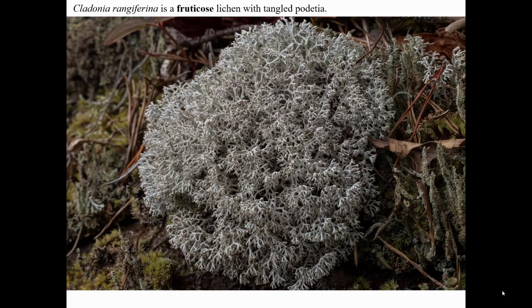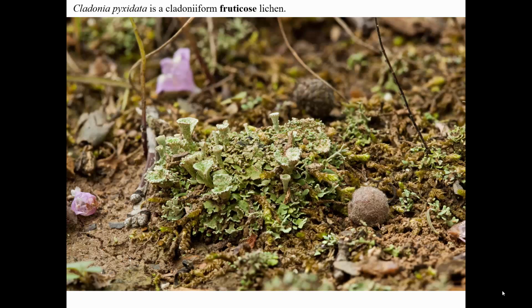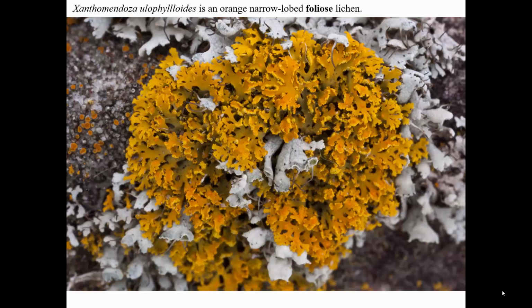They look like little pillows or tumbleweeds or something. And here's another example of a cladoniform lichen with squamules on the ground, but the podetia are cups. Other colors of lichens, here's a very brilliantly orange-yellow one, a golden-colored lichen.